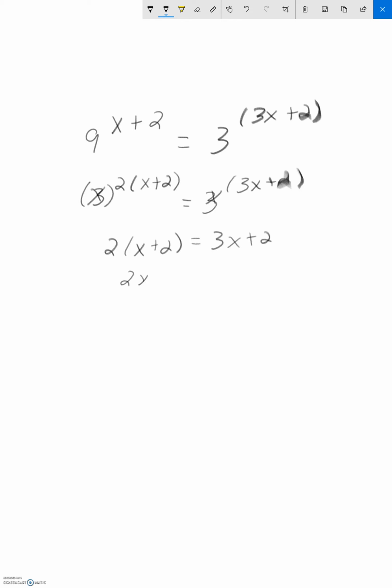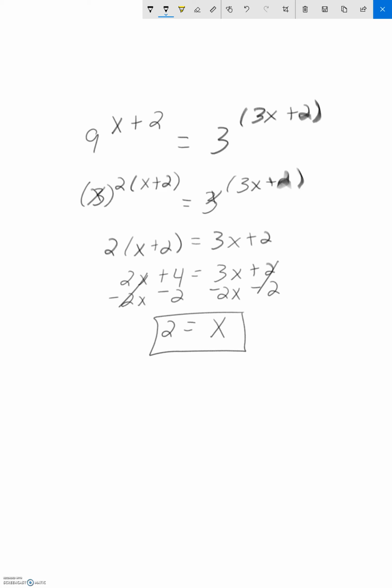Distribute my 2, equals 3x plus 2. Combine my like terms. So I'm going to subtract 2 x's, and then subtract 2, doing 2 steps at once here. So I get 2 is equal to x. Okay. And you can always put that back in the calculator and check that you get the same answer.